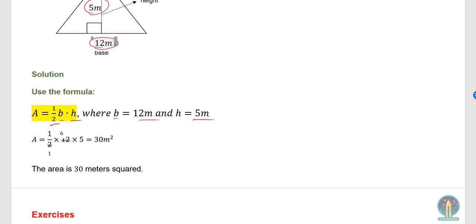So you get half times 12 times 5, where the 2 cancels with the 12. 2 divided by 2 is 1, 12 divided by 2 is 6. So it's 1 times 6 times 5, which is 30 meters squared. So the area is 30 meters squared.